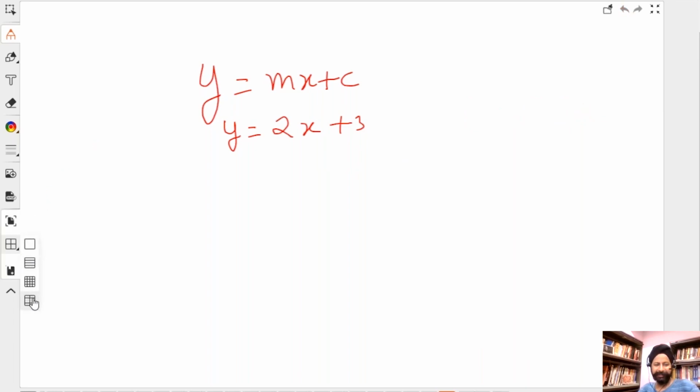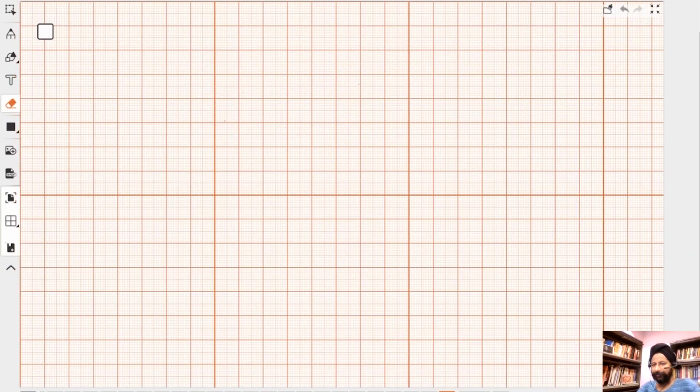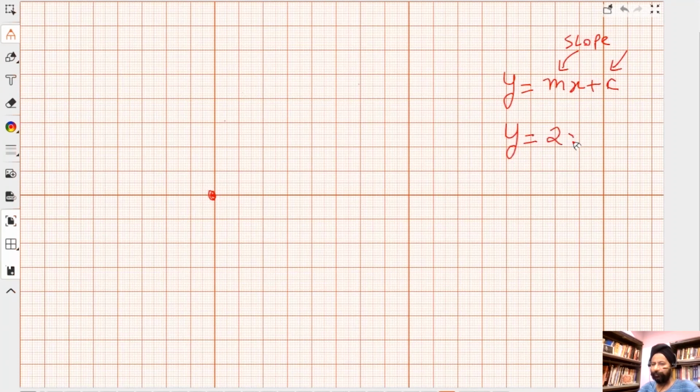For NEET students, you got to understand this, please. So let me wipe this out so that this is my origin. So y is equal to mx plus c. This is called the slope intercept form. This is the slope of the line and this is the y-intercept. The example I'm taking is y is equal to 2x plus 3.